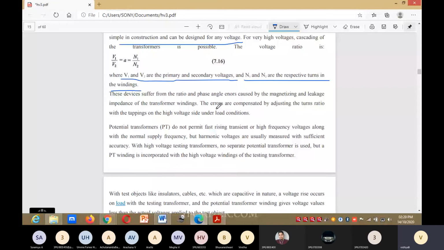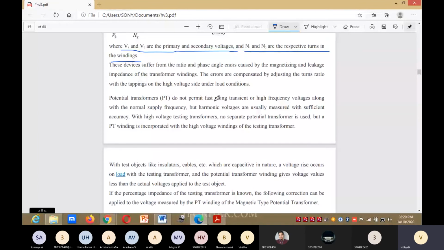Potential transformers do not permit fast rising transient or high frequency voltages along with the normal supply frequency, but harmonic voltages are usually measured with sufficient accuracy.